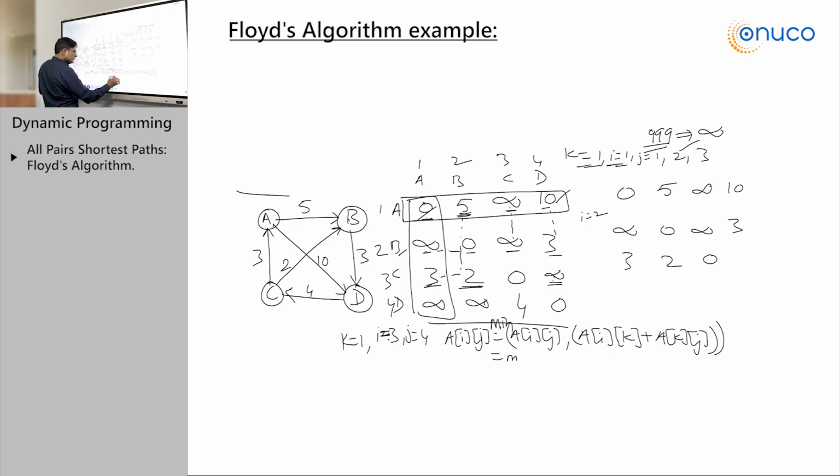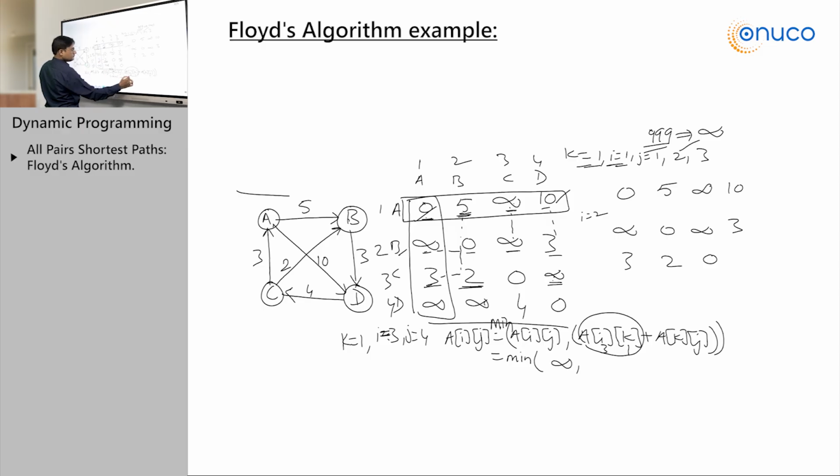Here we are going to write min of A of ij, 3 4. It is infinity. So the first parameter is infinity. Let us see the second parameter. A of ik, i is 3 and k is 1, so A of 3 1. What is the value?